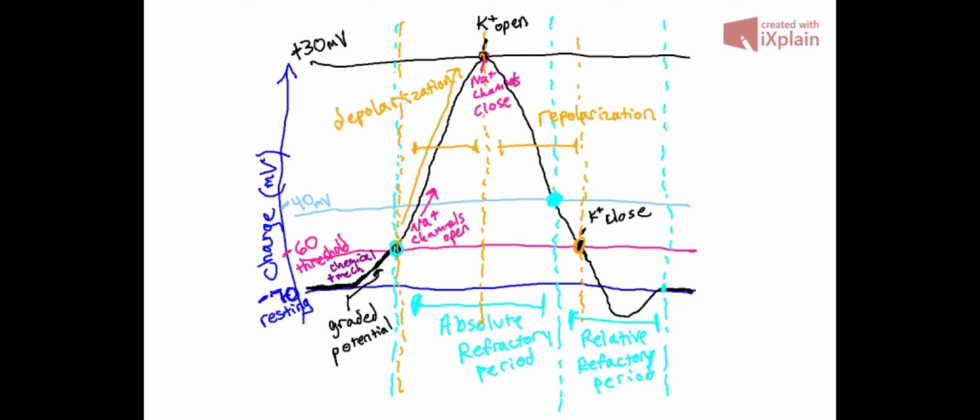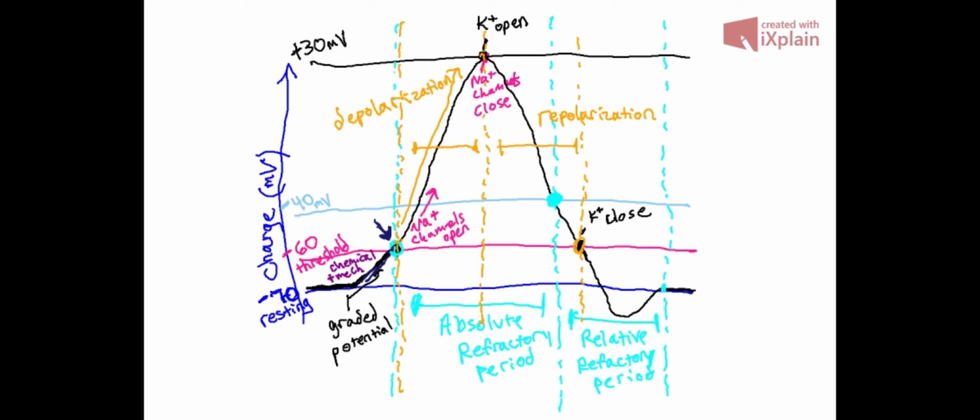Also, one more thing. Once it hits the threshold right here at the beginning, when the voltage gated channels open to start letting in all the sodium, this is called the graded potential down here, when it's negative 70 up to negative 60, when it's just a little bit more positively charged, that's the graded potential.